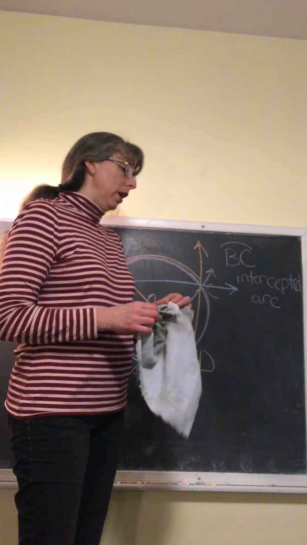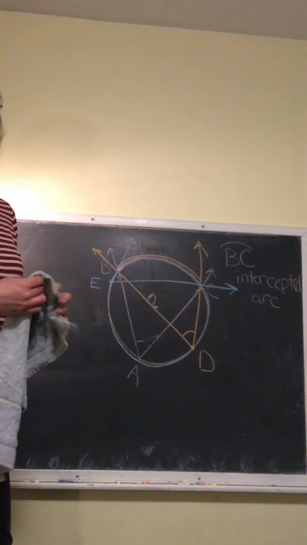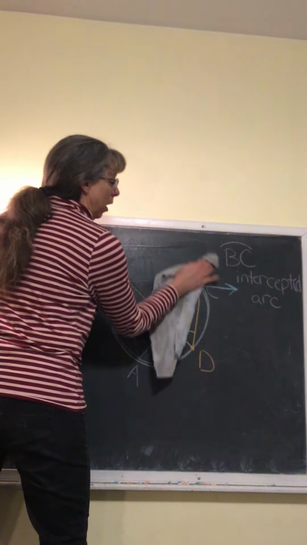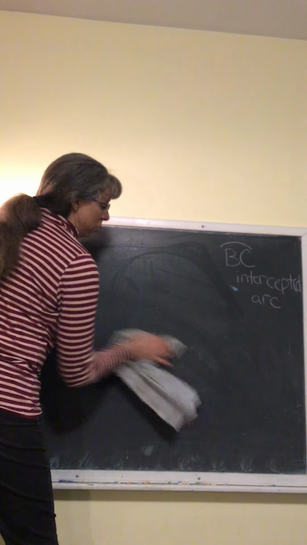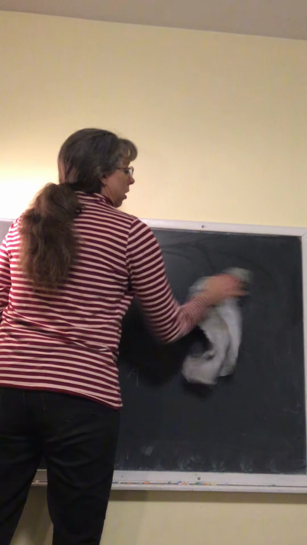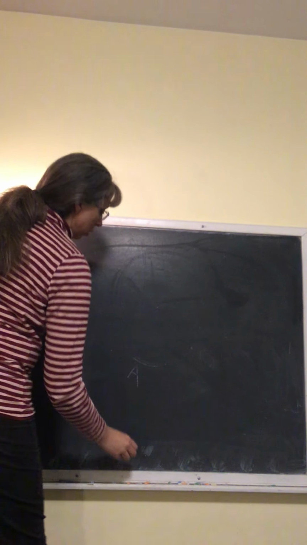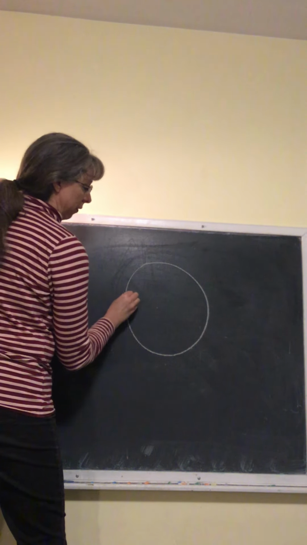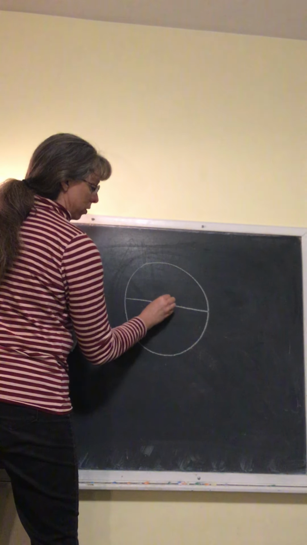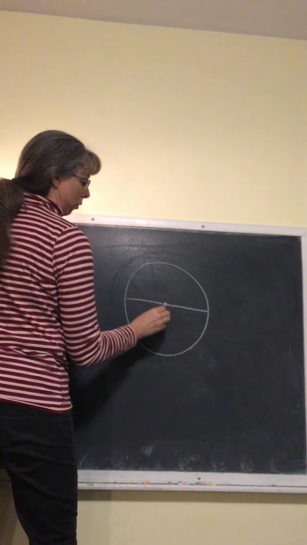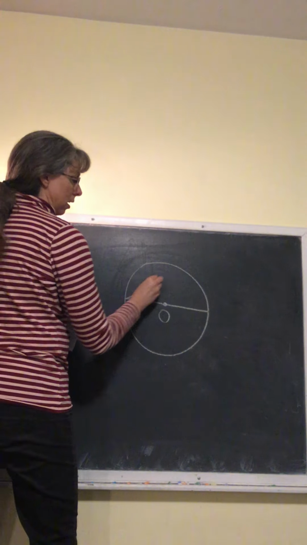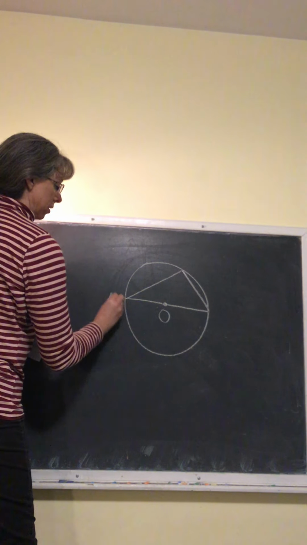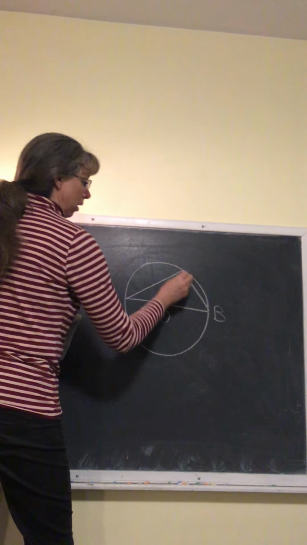The second corollary says that an angle inscribed in a semicircle is a right angle. So, how big is a semicircle? 180 degrees. Good. So, again, we'll have this be my semicircle and circle O. Let me say this is AB here.